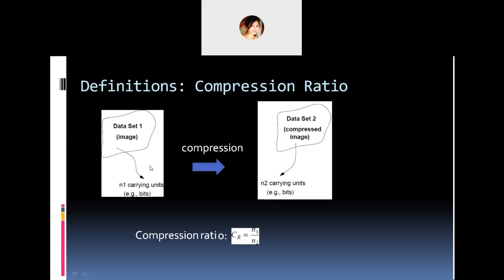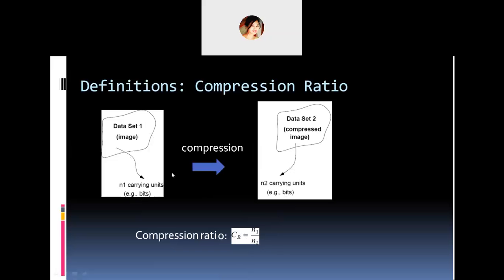Say for example, data set 1, the original image, is 20 bits. If it is compressed, it may come to 2 bits or 1 bit or something like that. So we have to know about the compression ratio. You can't just keep on compressing a thing; there is some limiting ratio. The compression ratio is the original image divided by the compressed image, in terms of bits.